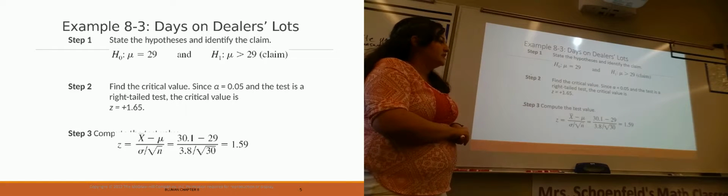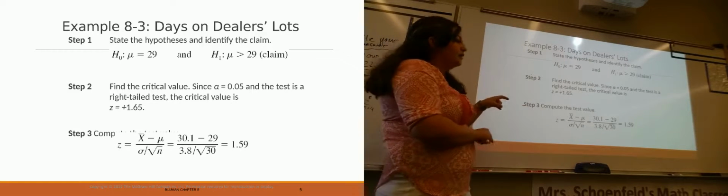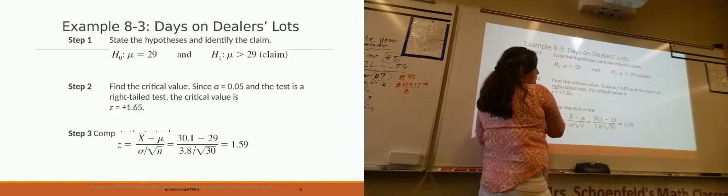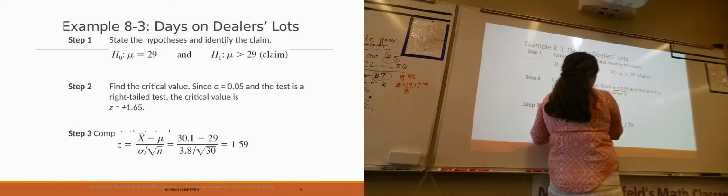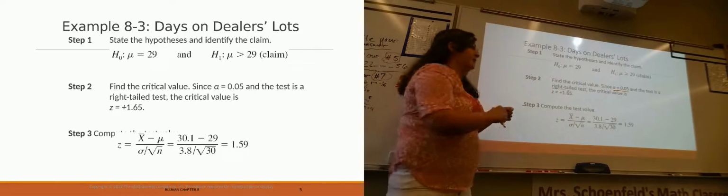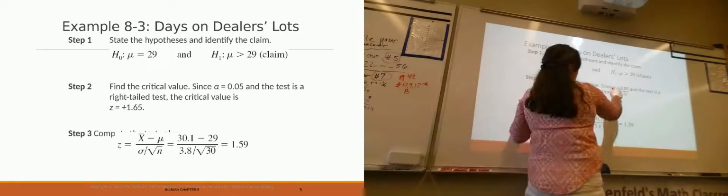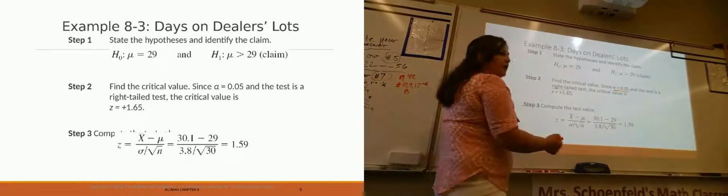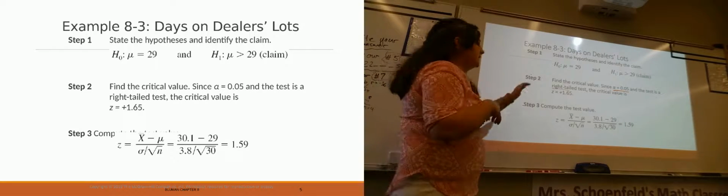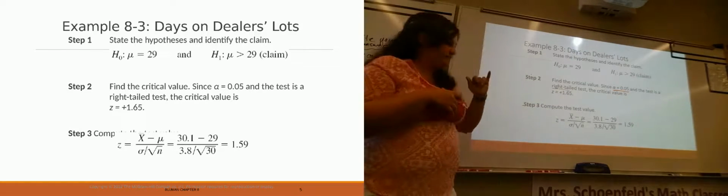Okay, so find the critical value. Alpha of 0.05 and a right-tailed test. This is one of those nice ones to just keep handy. Otherwise, you have to go in on your chart and find where 0.05 on the right tail is. Where's the top 95%? Top 95% happens at positive 1.65.